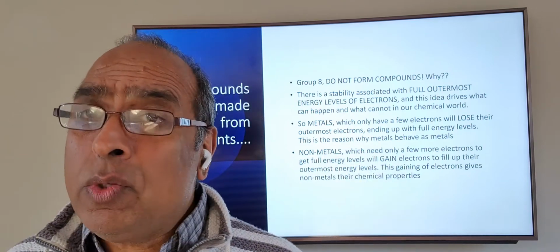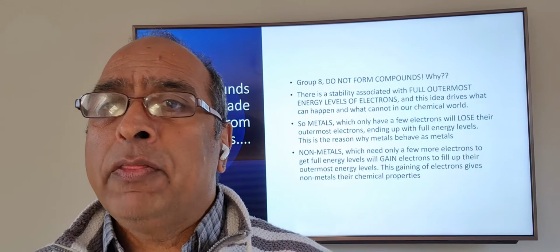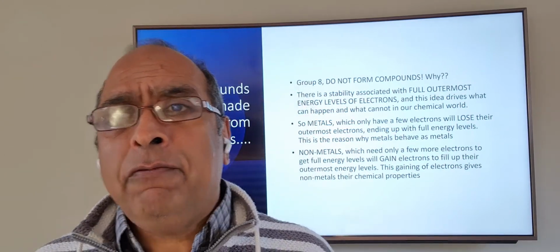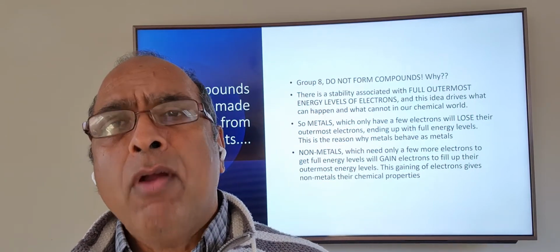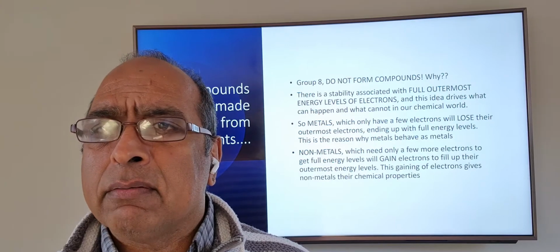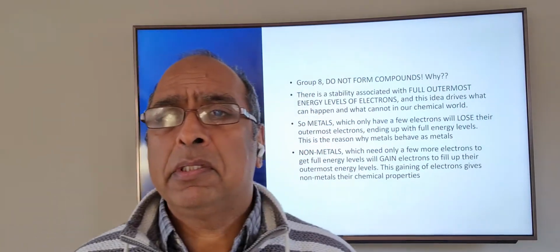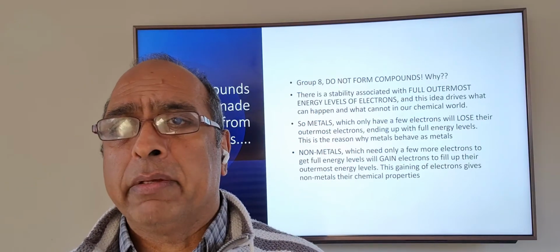When things don't have full outermost energy levels, then they react. They react in order to get full outermost energy levels. If they've got full outermost energy levels, then they're not going to react any further. So group 8 don't react because they've got full outermost energy levels. They're stable. They're not going to want to react with anything.